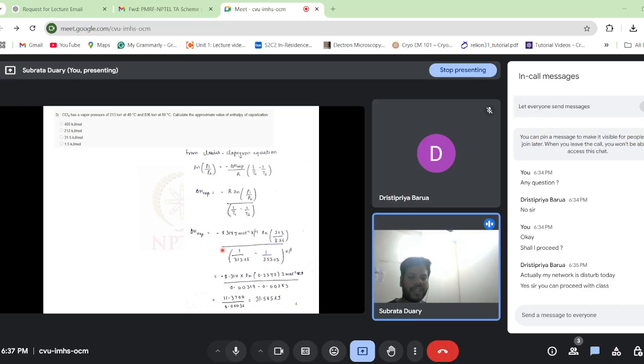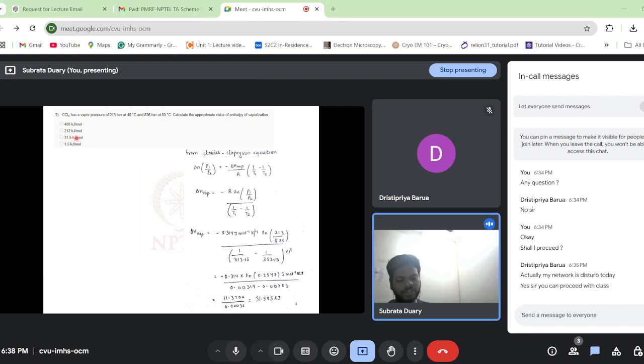So if you do all the calculation, you get the enthalpy of vaporization of CCl4 around 31.585 kilojoule, which is nothing but 31,585 joule. So the answer will be this.